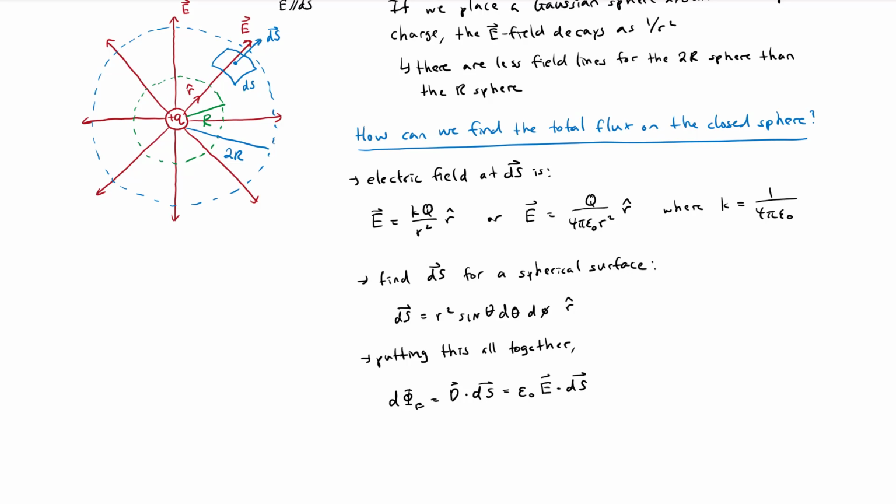And just remember, there are two different ways of expressing this, and D is equal to epsilon naught E. I just want to mention D comes in handy when we start discussing materials.